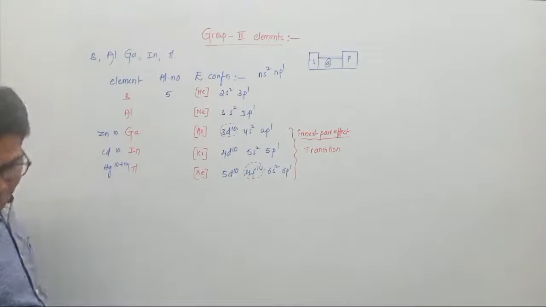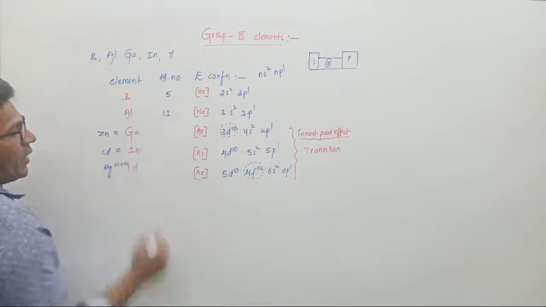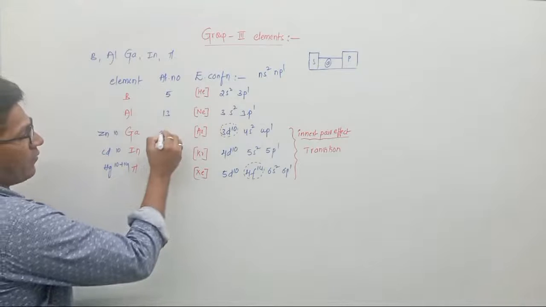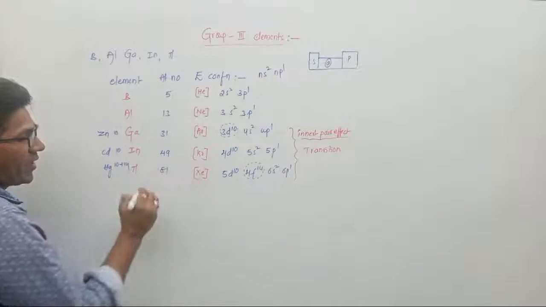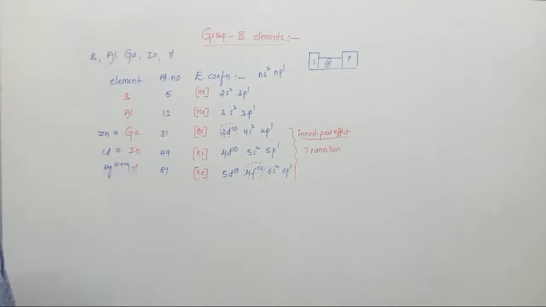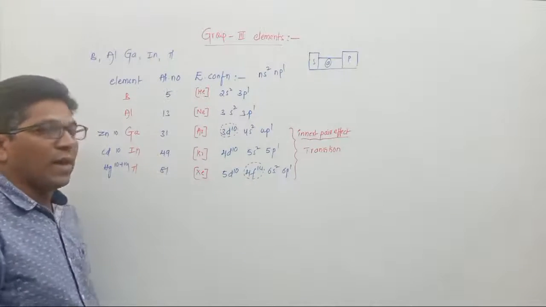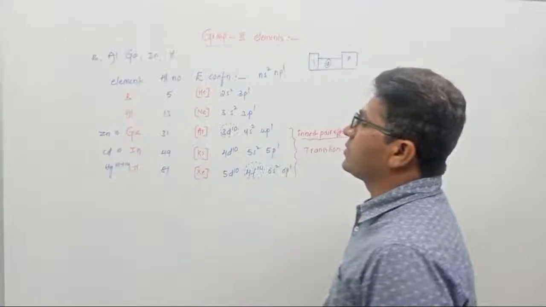So atomic number how much? 5. Next aluminium 13. What about gallium? 31. Next 49. Next 81. So 5, 13, 31, 49, 81. These are the atomic numbers.